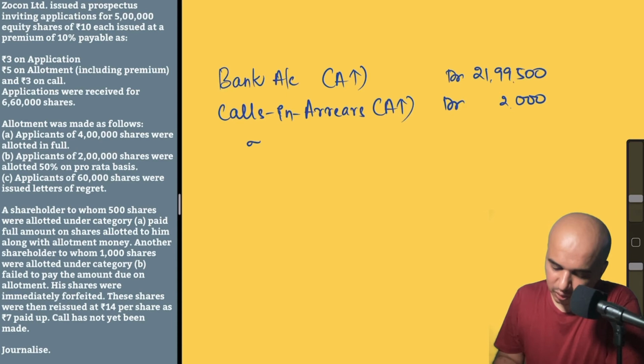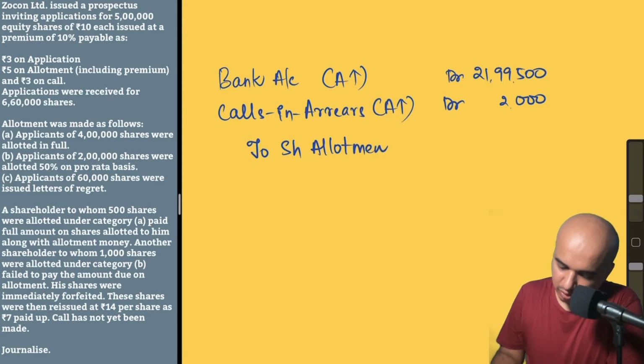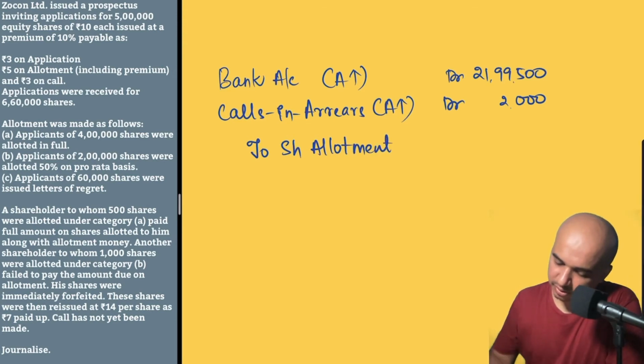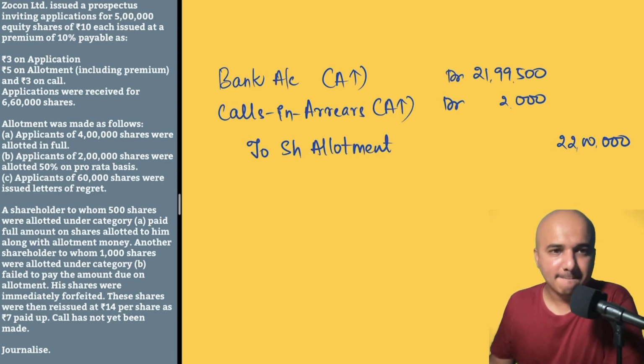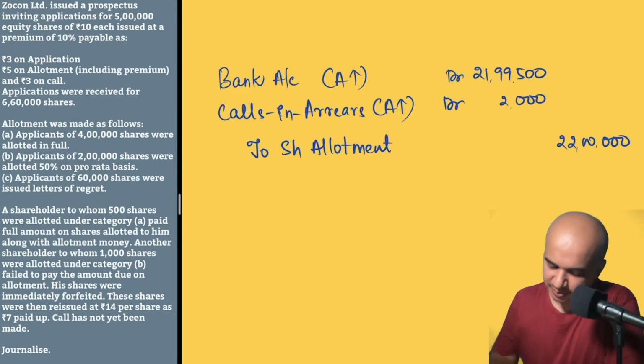Then to share allotment only to the extent of 22 lakhs. Then what else is there? One person has paid in advance.